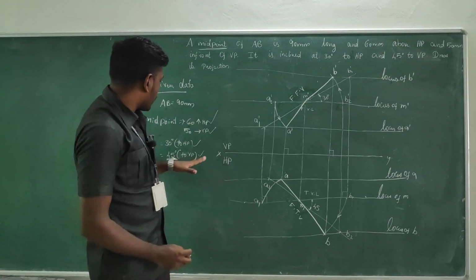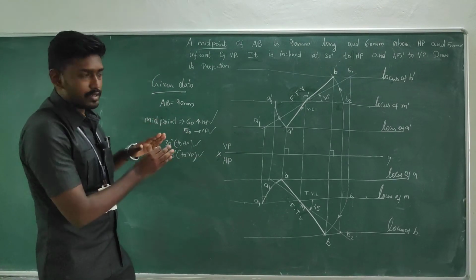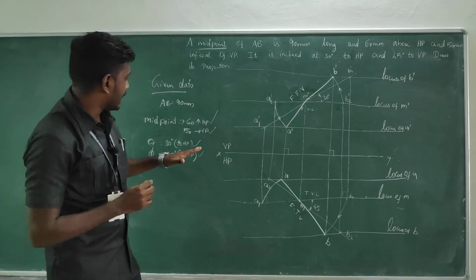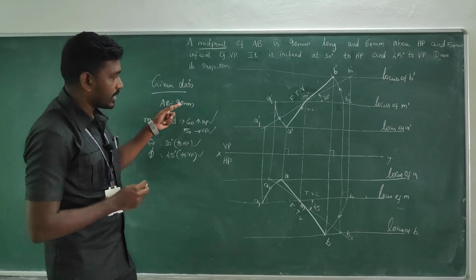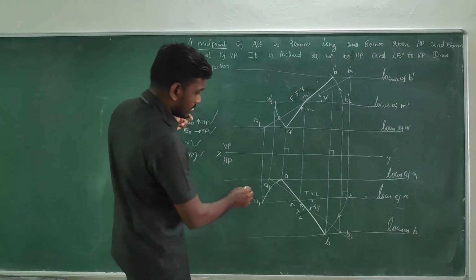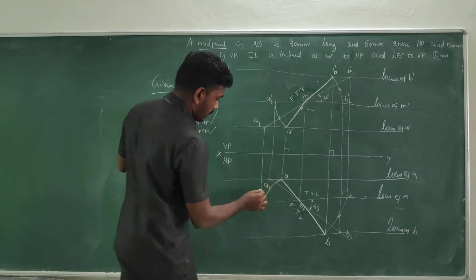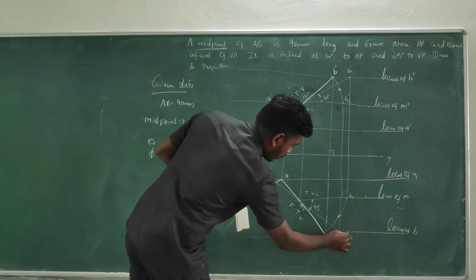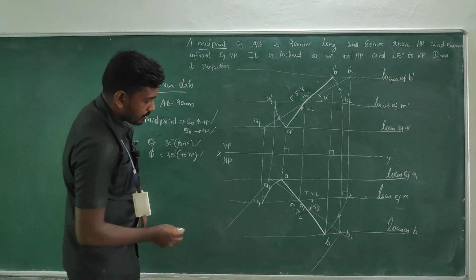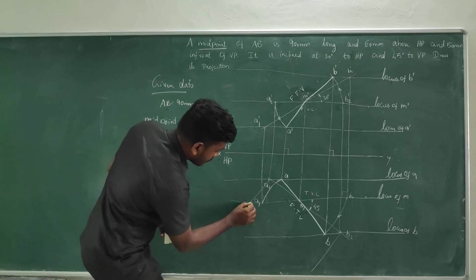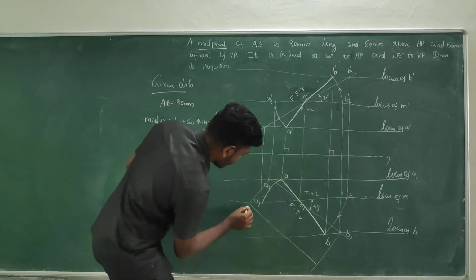Okay, fine. Afterwards, the measurements we have to capture on the diagram. The true length is given as 90 mm. So here is the true length in the top view. Somewhere in the top view or in the front view you can capture it. I am going with the top view.